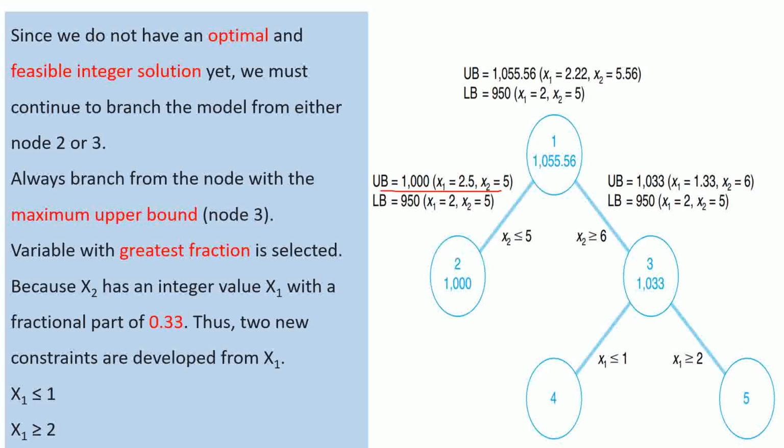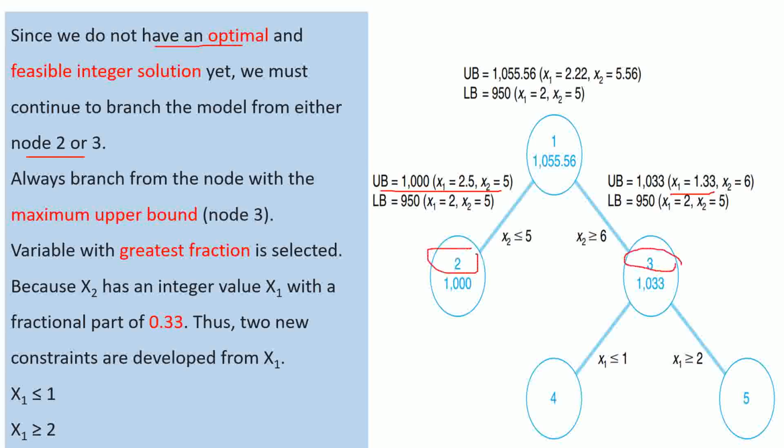And in node 3, we get x1 equals 1.33, a fractional value that doesn't have any meaning. So since we do not have an optimal and feasible integer solution yet, we must continue to branch the model from either node 2 or node 3.